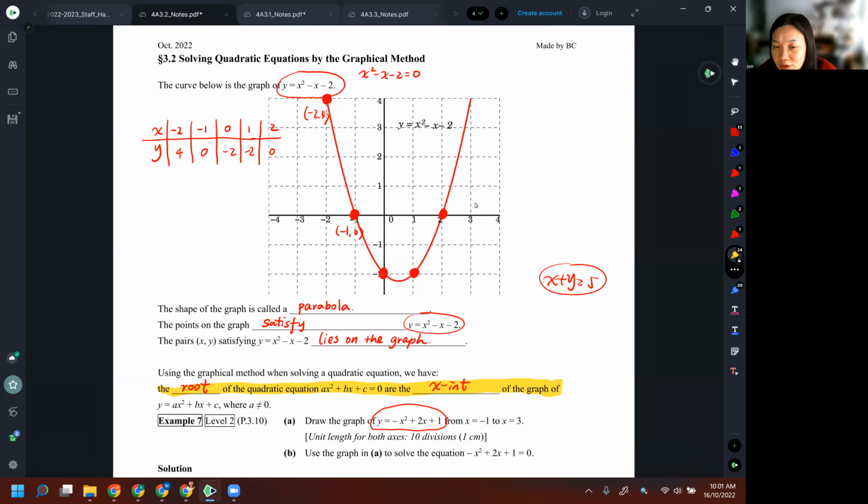This method also has some limitations. First, the graph is not so easy to obtain. You always have to plot quite a lot of points in order to get this graph.